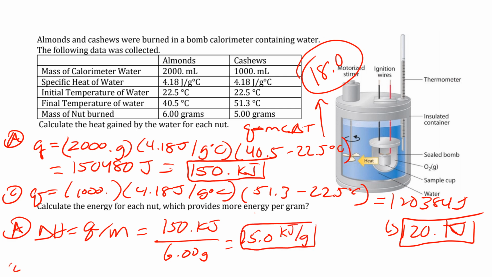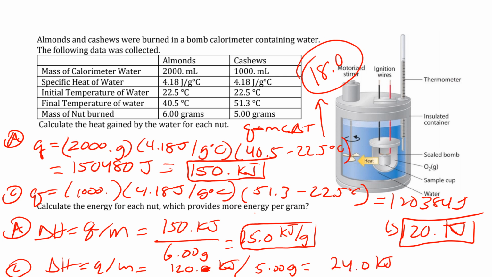For cashews, same equation: 120.0 kilojoules divided by 5.00 grams equals 24.0 kilojoules per gram. Almonds provide more energy per gram, 25 versus 24 kilojoules per gram.